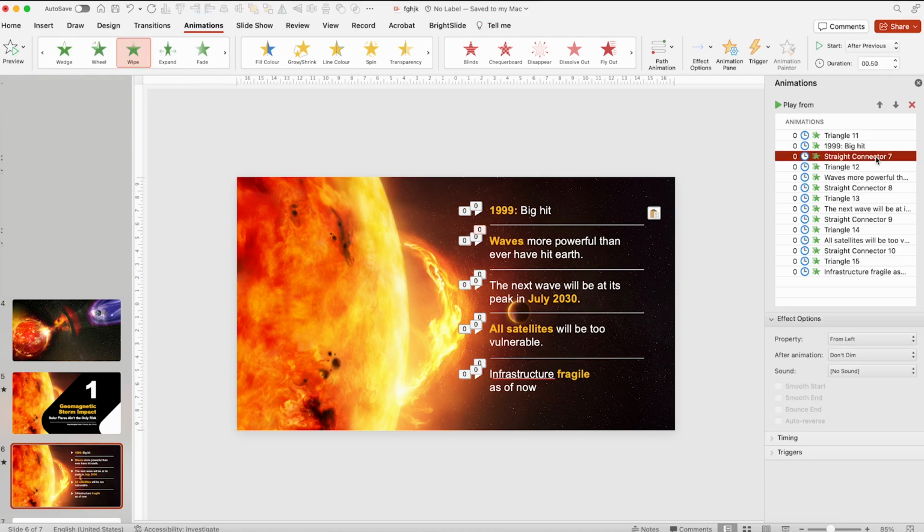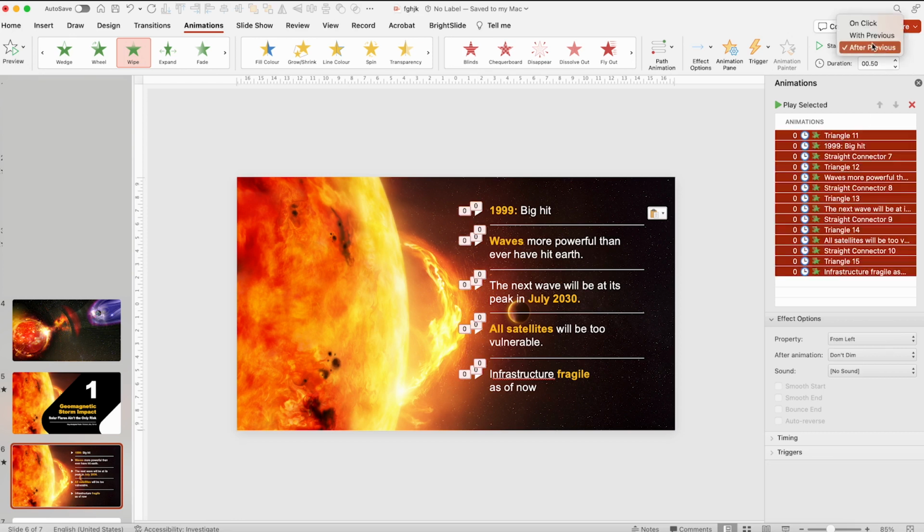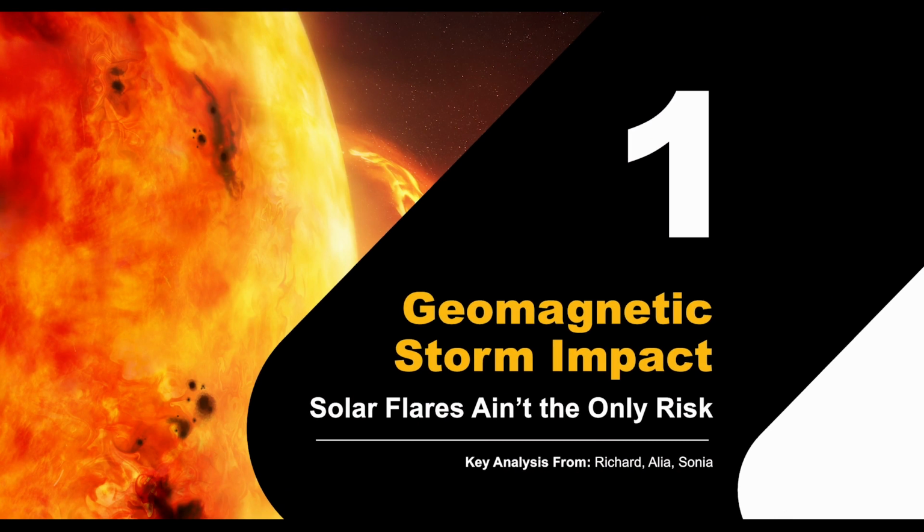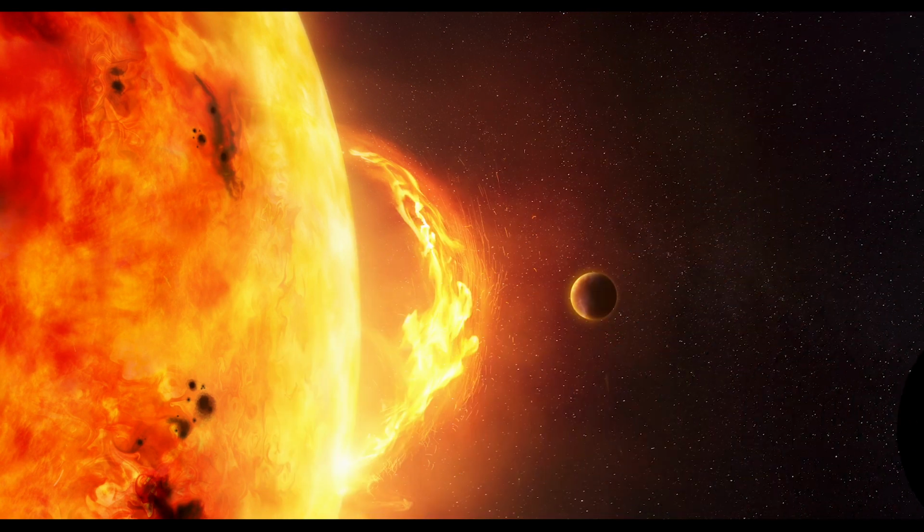Same. Wipe appear from left, and do this for all the other text that we have in the order that I have told you. Now select all the animations that you have added and go towards the top and ensure that it's after previous. Now if you check, everything will work so smoothly and nicely for your presentation.